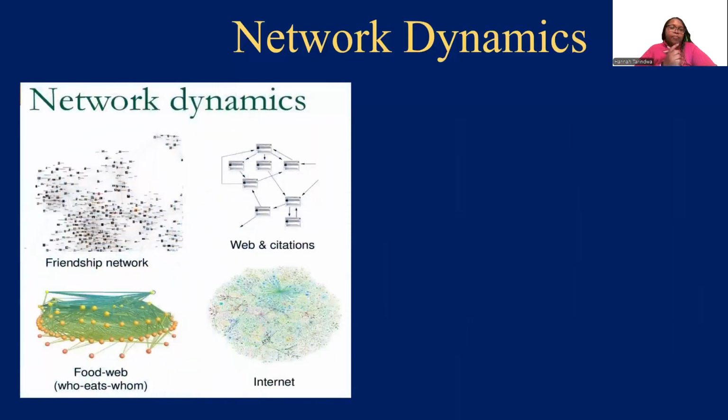So networks, they are always changing their shape, the way they are, it always changes. So you've got, for example, I've given this image of friendship networks, webs and citations, right? And even the internet, and including food web, who eats whom.